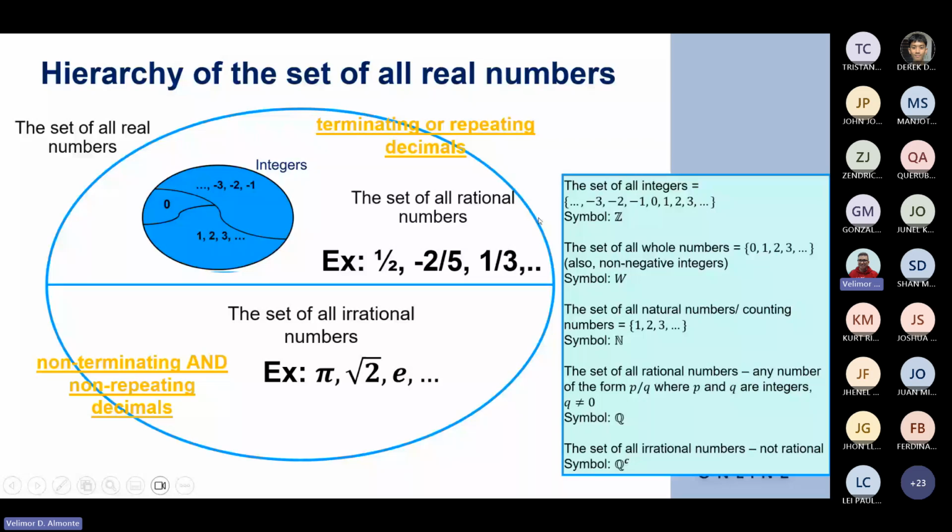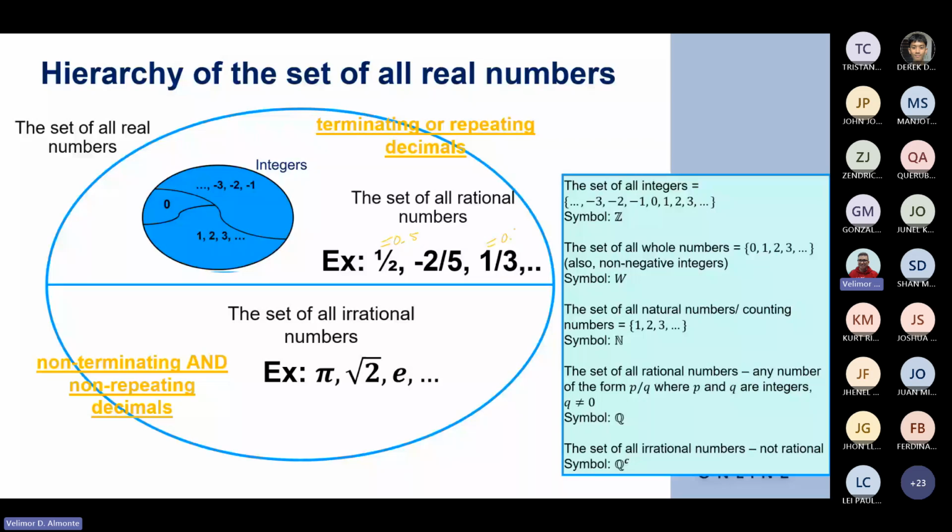Now, what is another interpretation? The set of rational numbers can be said to be the set of all terminating or repeating decimals. For example, 1/2 can be written as 0.5. 1/3 is 0.333 and so on.